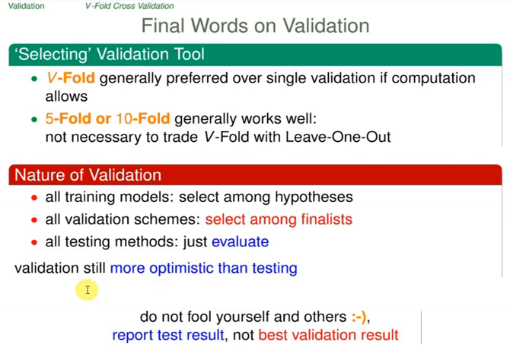We can say that the validation techniques are still optimistic compared to the true testing. It's an optimistic performance of the models. However, make sure that when you report your results, you report the test result, not the validation. The validation result just allows us to select one hypothesis, one model out of the available set of hypotheses, and the final result should be reported on the test data set.